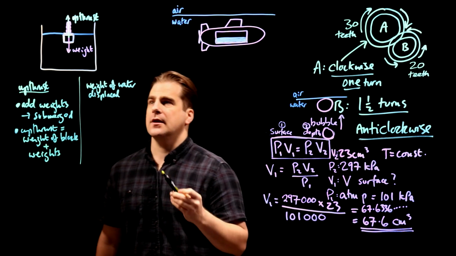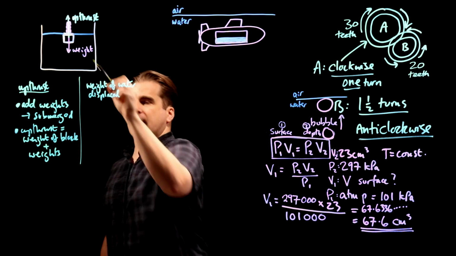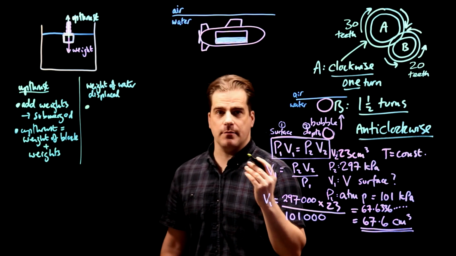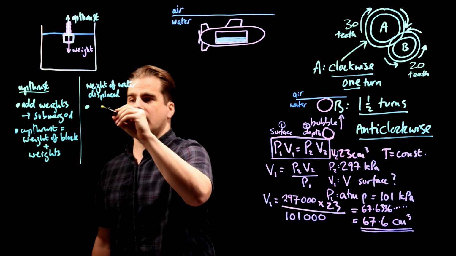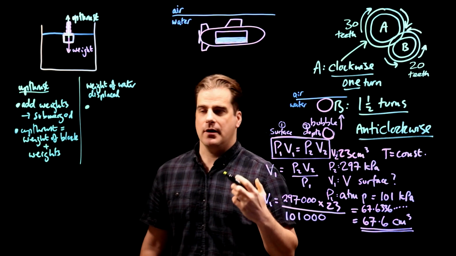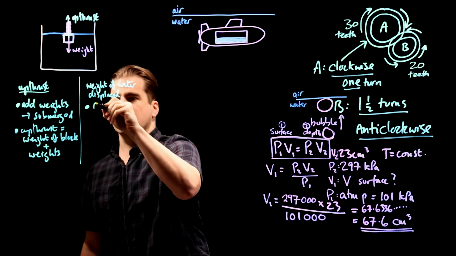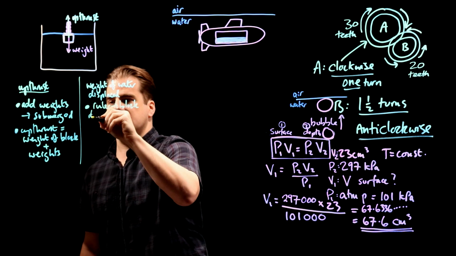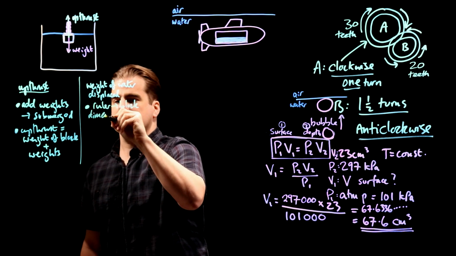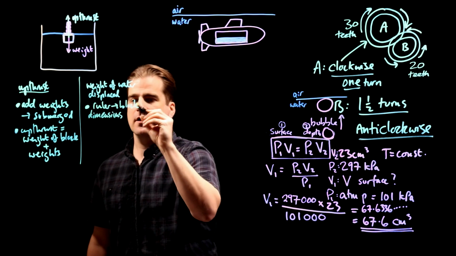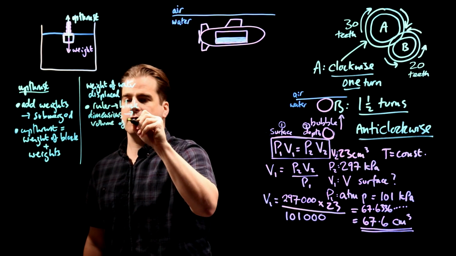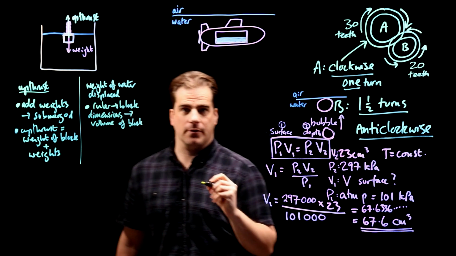Well, get out a ruler and she needs to measure the dimensions of the block, okay, to work out volume. So ruler, block, dimensions, and then she can work out the volume of the block, okay?